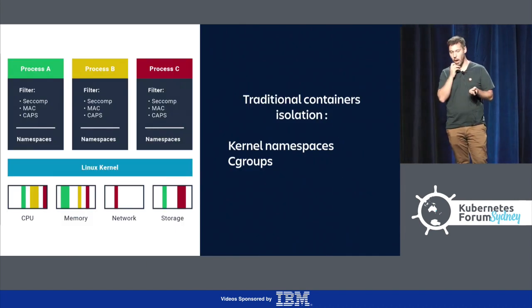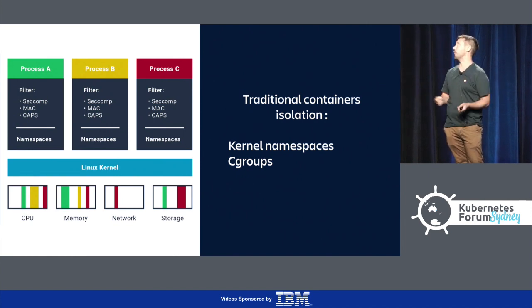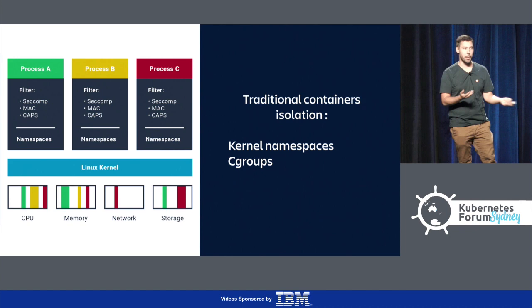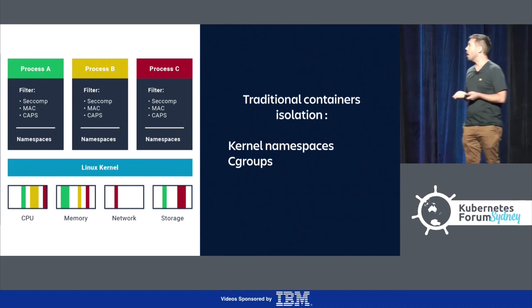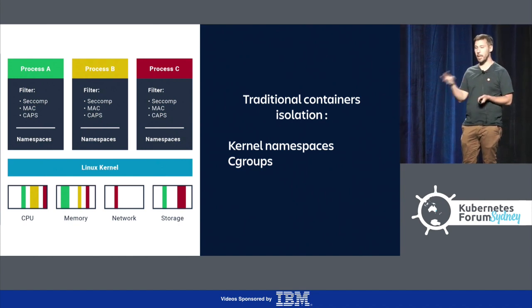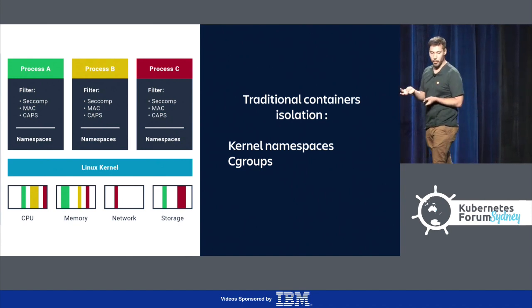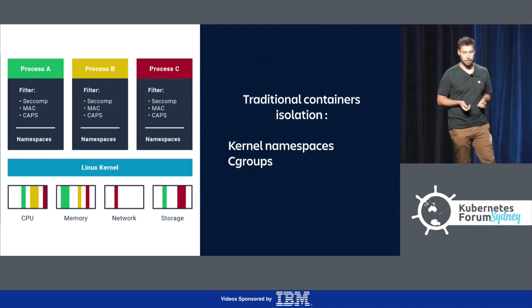So if I have a look at how traditional containers work, and when I say traditional containers, you'd probably understand better if I say Docker containers. We don't run the Docker daemon anymore in our clusters, but it is effectively a Docker container. The isolation works with kernel namespaces, and that's basically going to control what the processes are going to be able to see or not see.